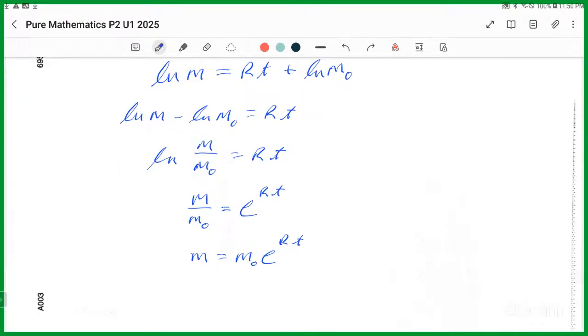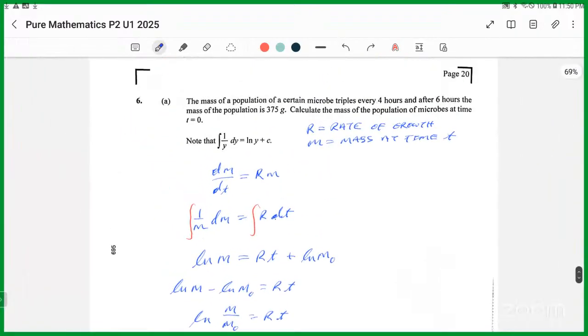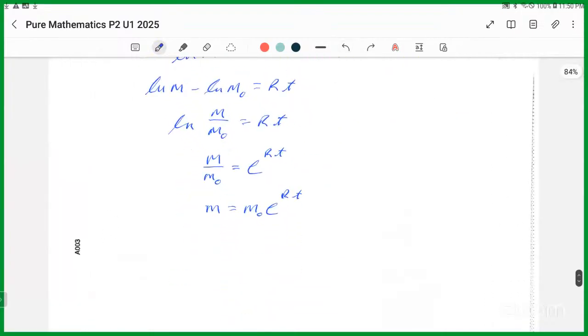But based on the information, they say every 4 hours it triples. So after 4 hours, the starting mass triples to 3 times the starting mass. So you can set up yourself: at t equals 4, the mass became 3 times the starting mass. So we're going to make the substitution now in here.